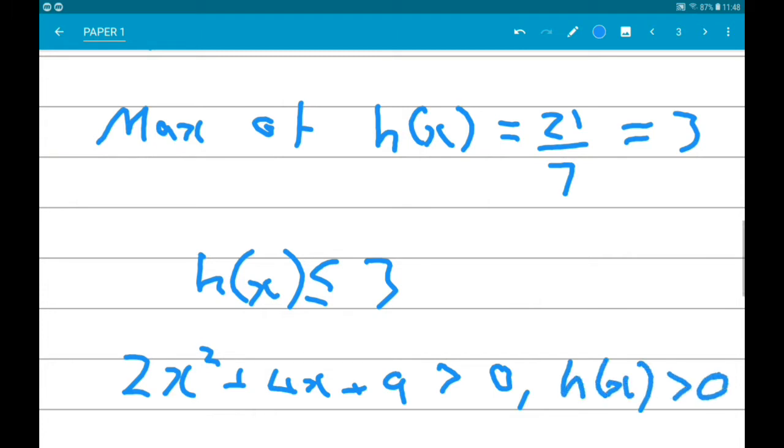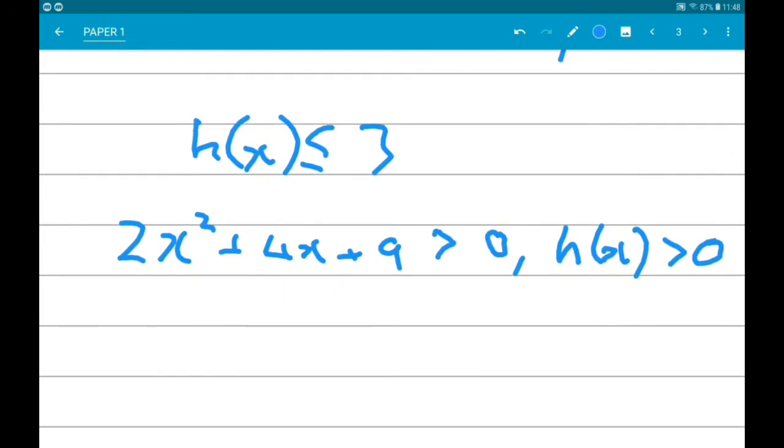So the range is that h of x is greater than 0, but less than or equal to 3.